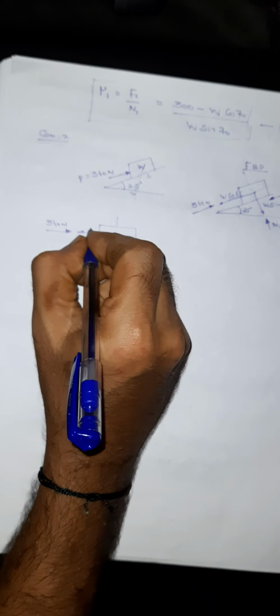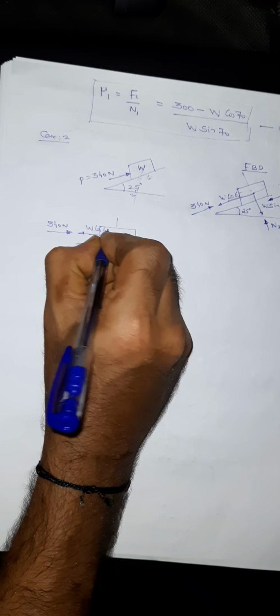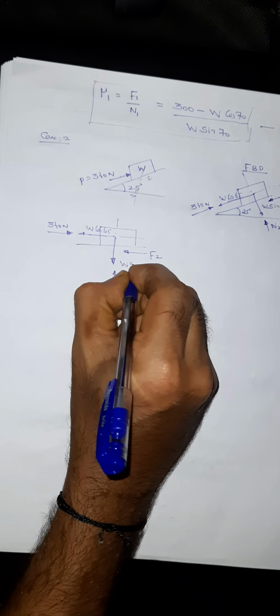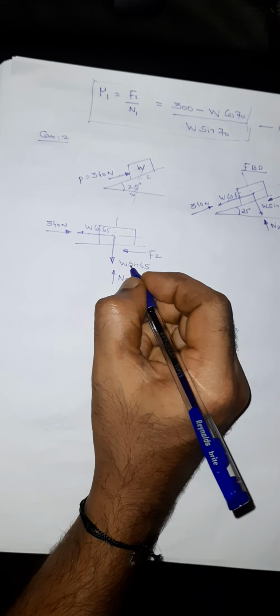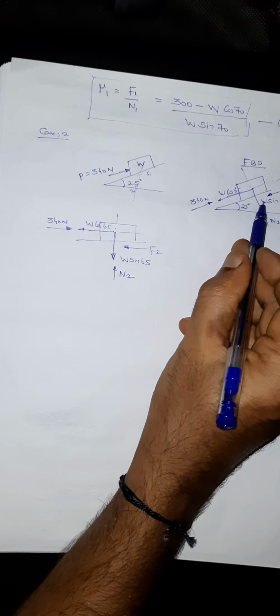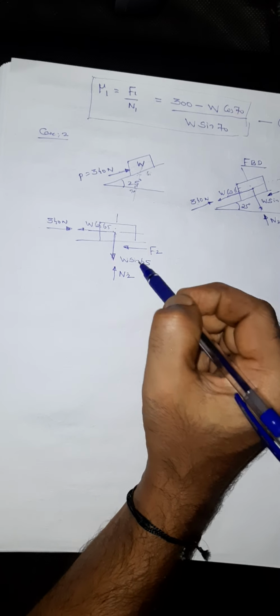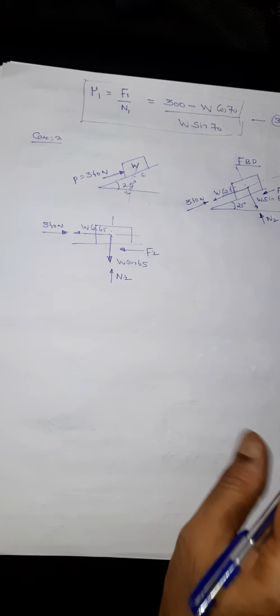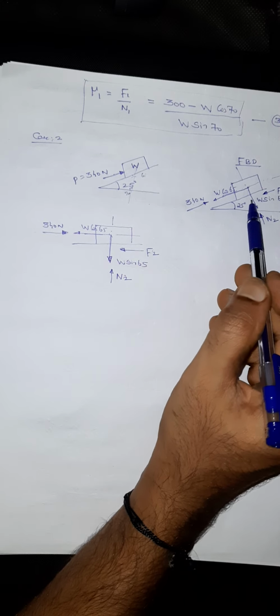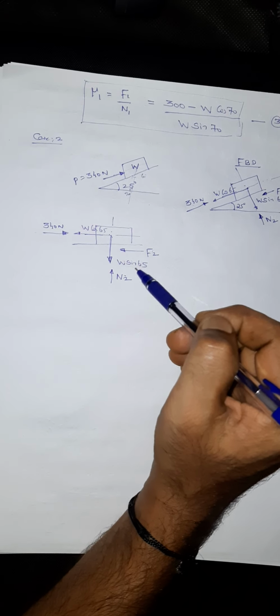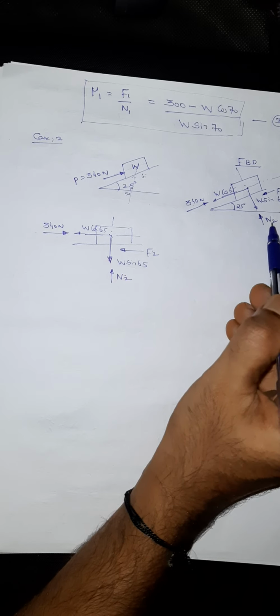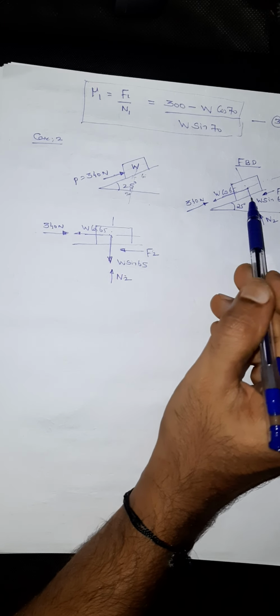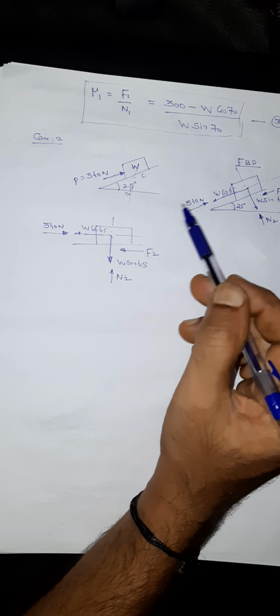This is 340 Newton, and the horizontal component of weight is W cos 65, and the vertical is W sin 65, right? One, two, three, four, five. When you transfer any information, you just count the number of forces, so that you make sure the forces acting on the block are the same ones you have transferred here.